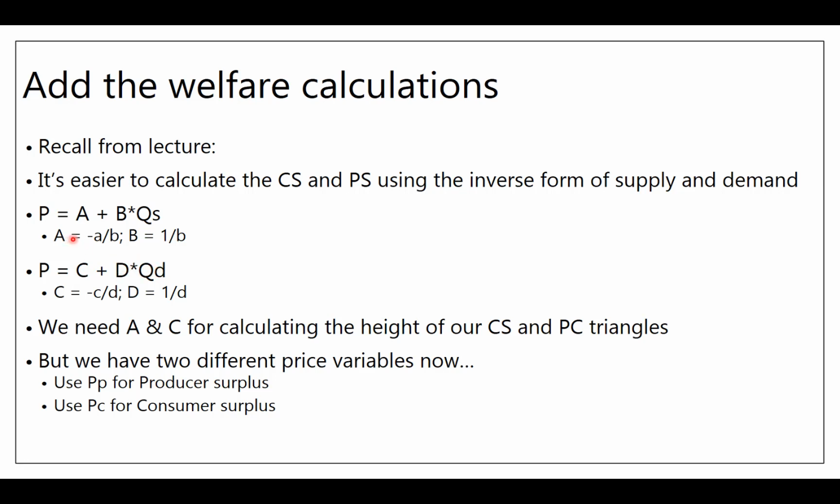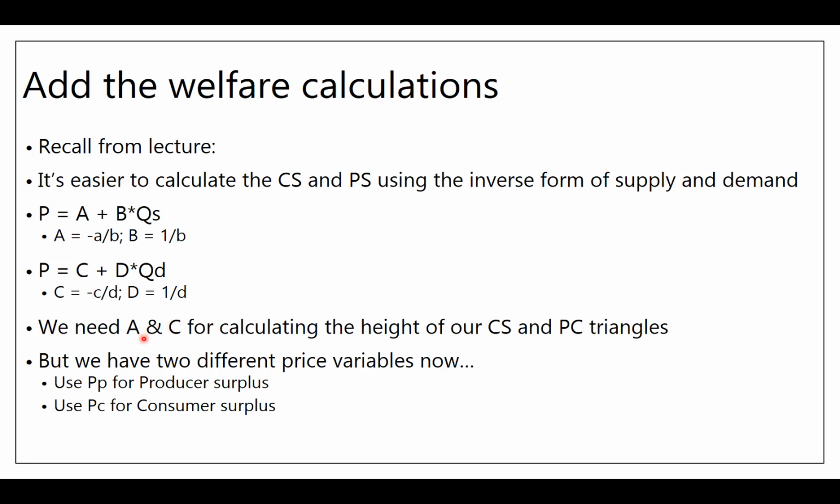And if you want to relate those back to our previous work, when quantities are on the left-hand side of the equation, so quantity supplied is equal to something, quantity demanded is equal to something, then that's how you do it. So capital A is really just negative a over b. Capital B is just 1 over b. Capital C is just negative c over d, and then capital D is 1 over d.